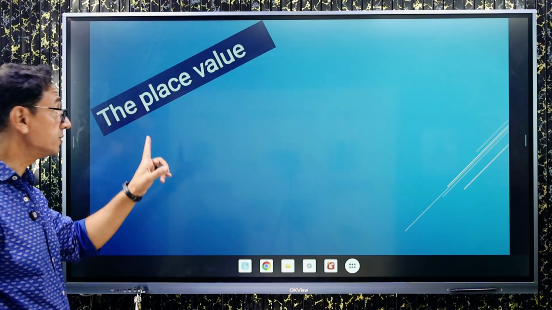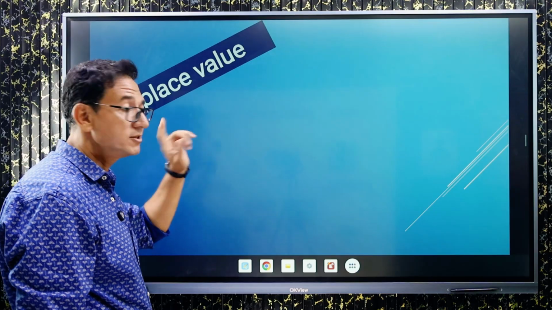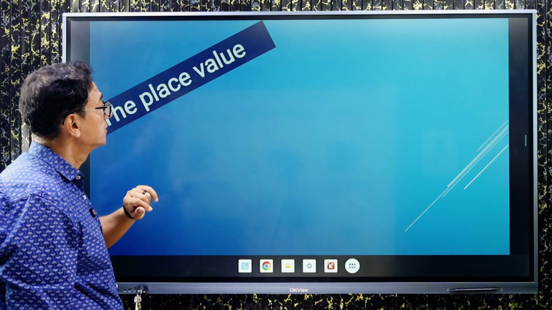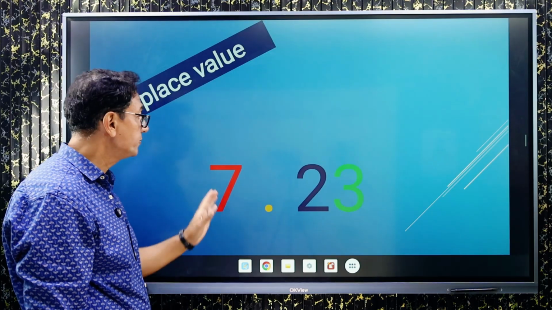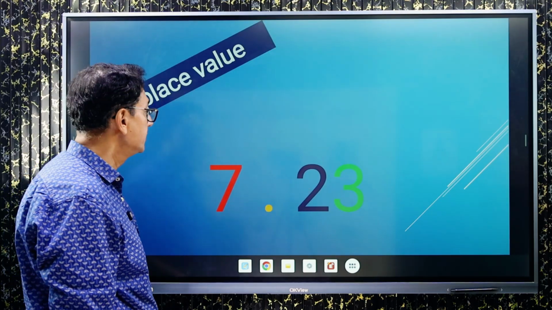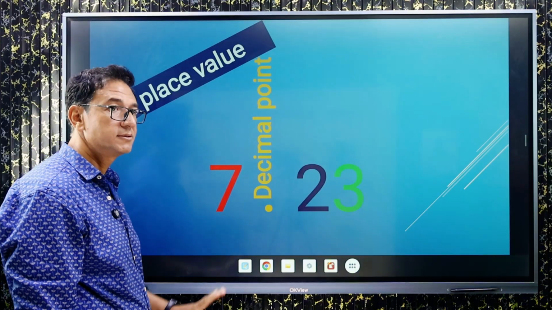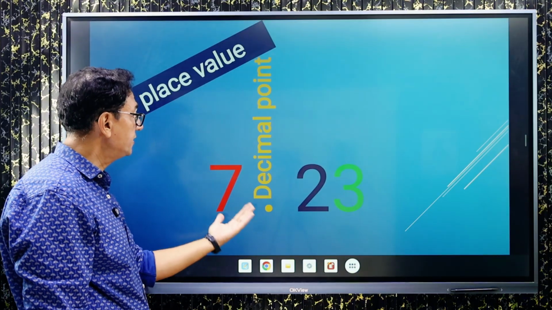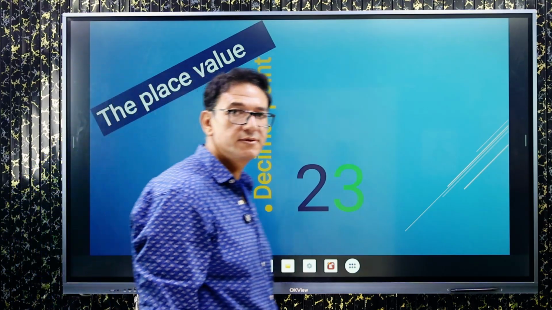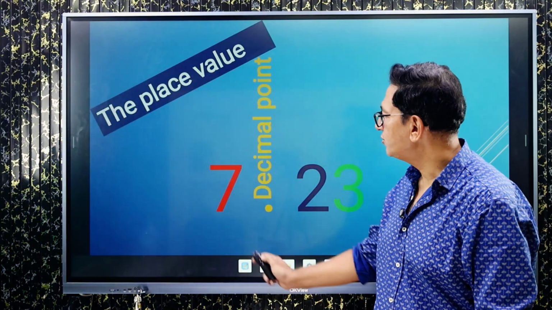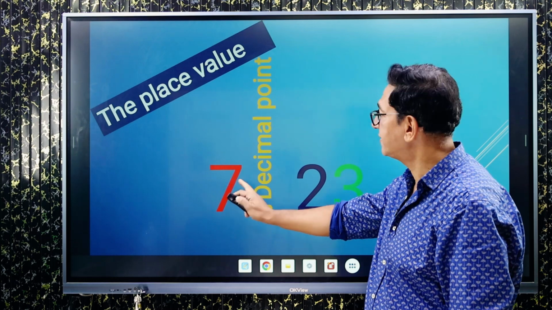Now let's talk about the place value. For example, this number is 7.23. This is the decimal point. And at the left, we have 7. What is the place value of 7? Do you remember the place value of 7?